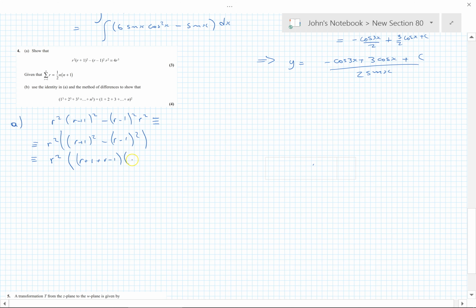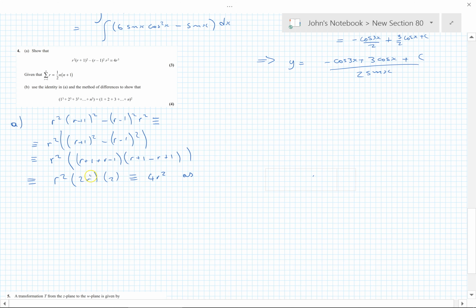times R plus 1 minus R plus 1. Using the difference of two squares, or you could have just expanded them out, it doesn't really matter. And that gives us R squared times 2R times 2, which is 4R cubed, should I say?